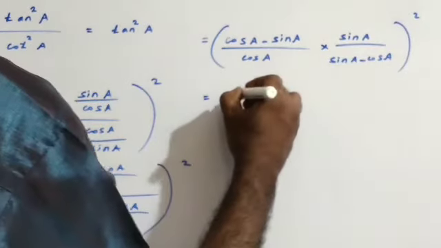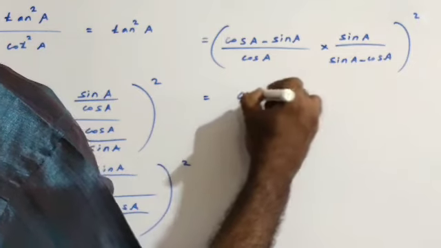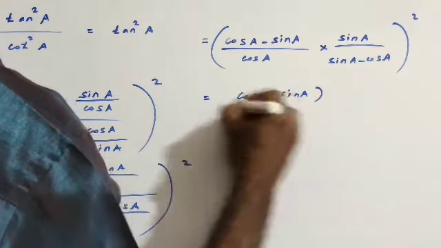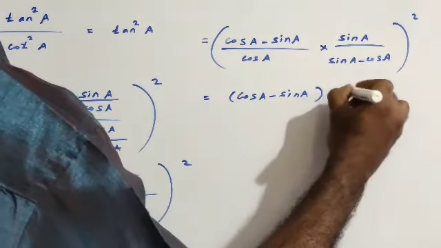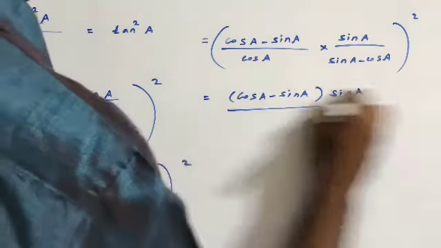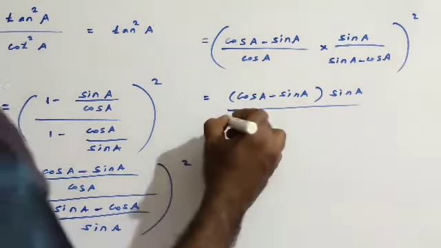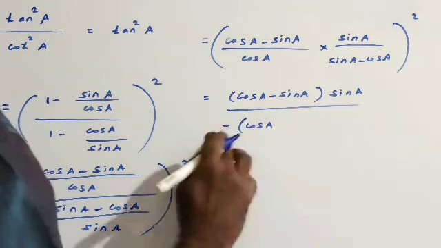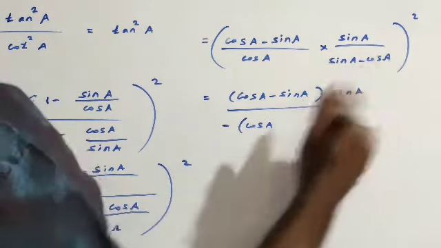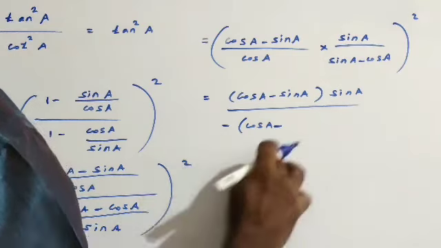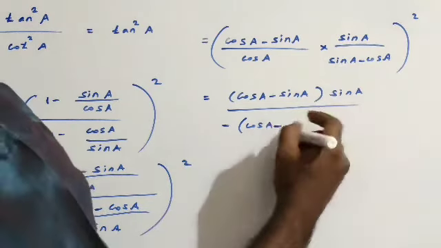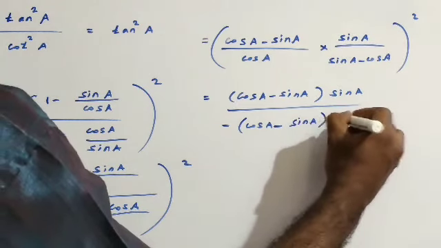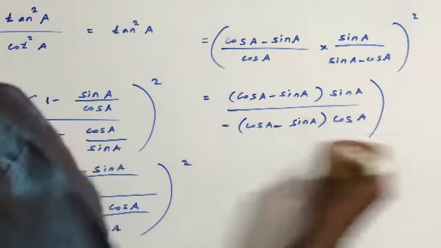So in the numerator you can write cos A minus sin A into sin A. In the denominator, you take out the minus sign, you can write cos A, minus into cos A minus cos A, and put minus symbol, minus into minus gives plus sin A into cos A, whole square.